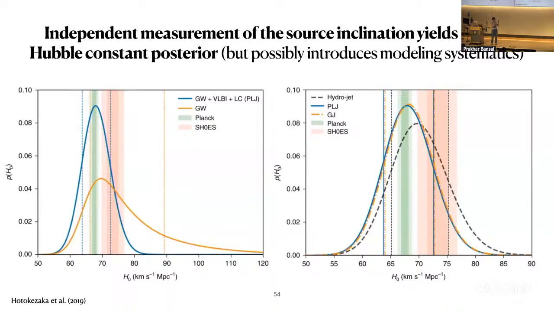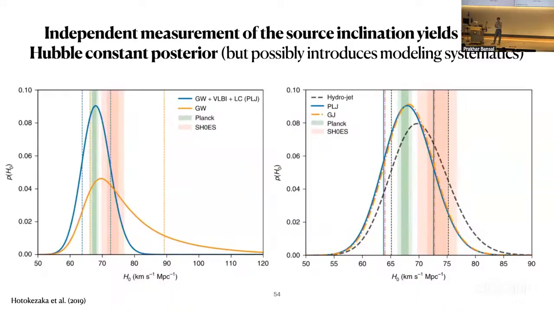This is great because it really is a pretty dramatic improvement on the Hubble constant from this one event, which is the only bright siren we have so far. The problem with this is that one of the reasons we want to use gravitational waves for this cosmography measurement is that they have different systematics than other ways of getting the Hubble constant, and especially in this bright siren way, they have very little systematics.